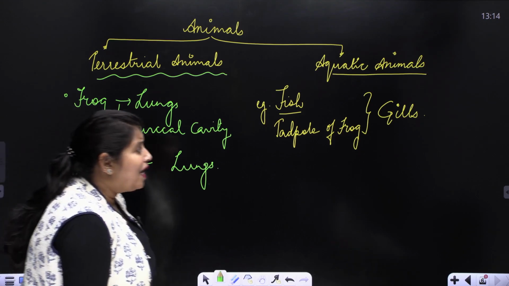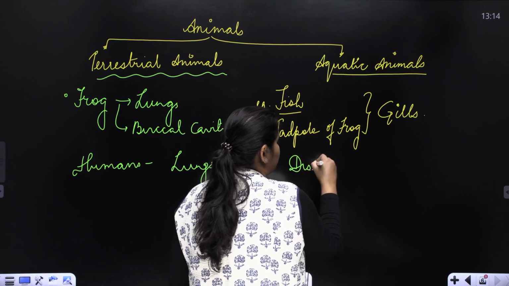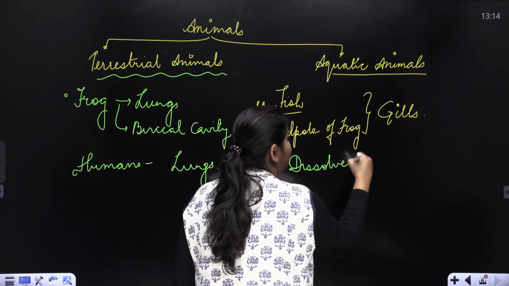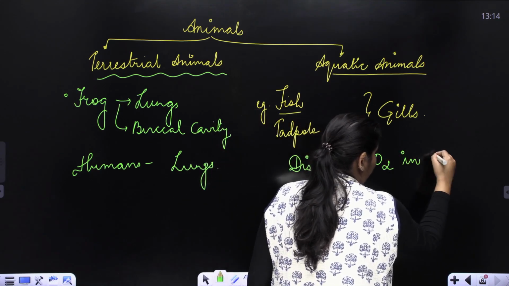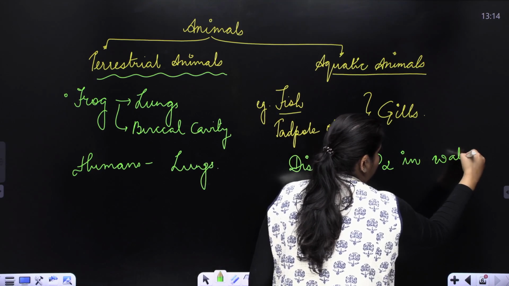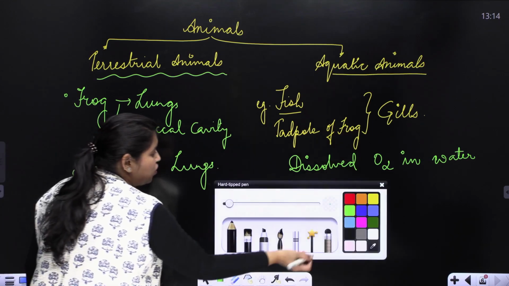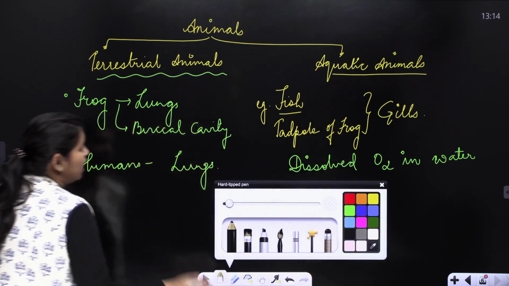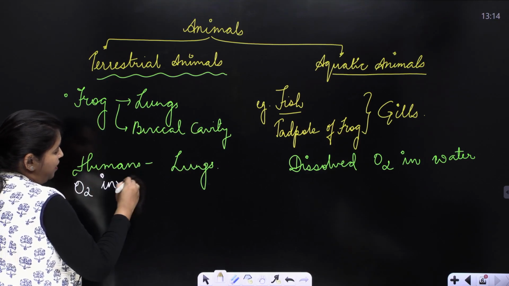All right. That means the aquatic animals take up dissolved oxygen in water, and human beings or land animals take up oxygen in air.